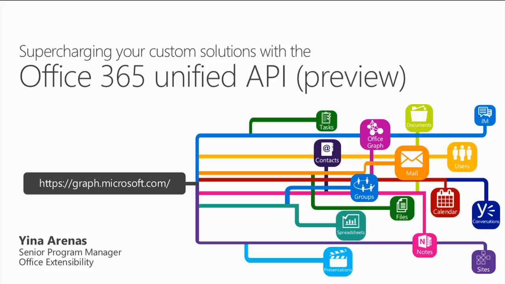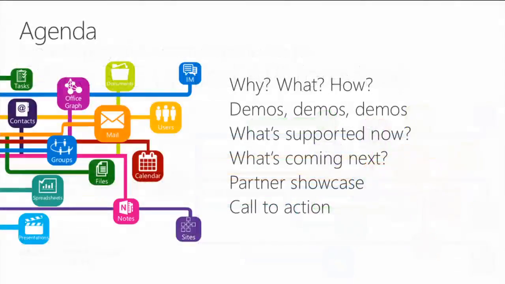So the agenda for the session is as follows. First, I'm going to talk a little bit about why. And now that you're coming from the previous session, you'll have a lot of the context on why we're investing in this unified API. Then I'm going to dive into the basic questions: why, what, and how. How is it that you can take advantage of it? What is it that is supported today?